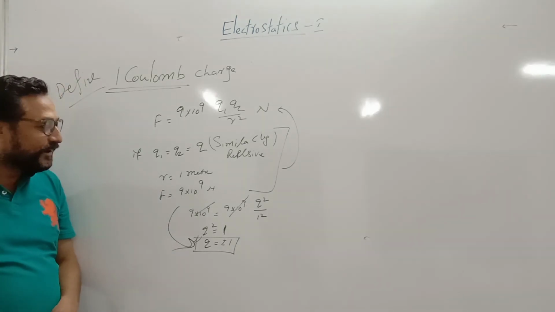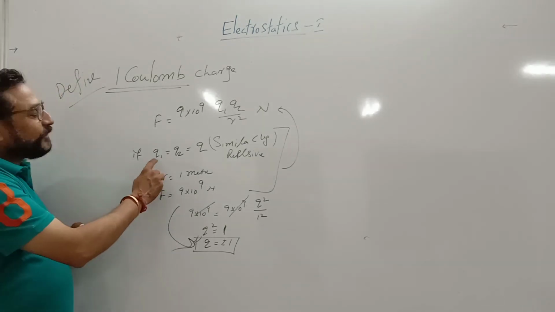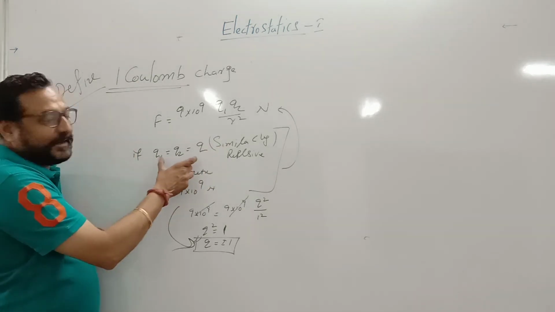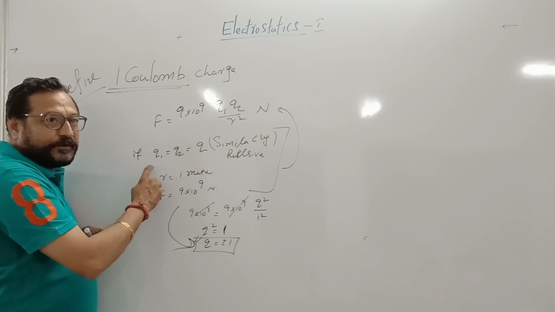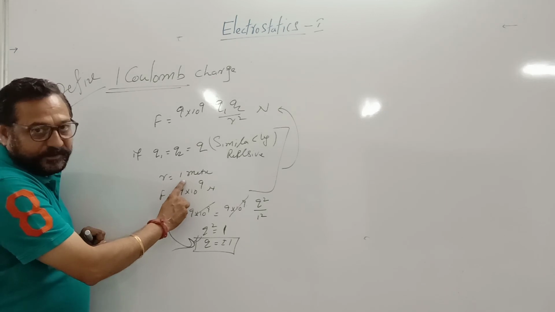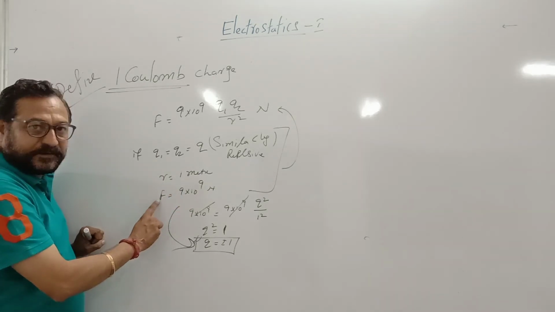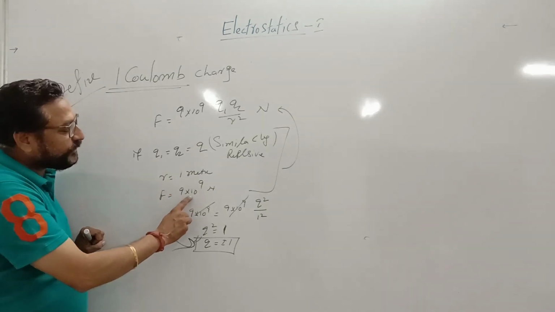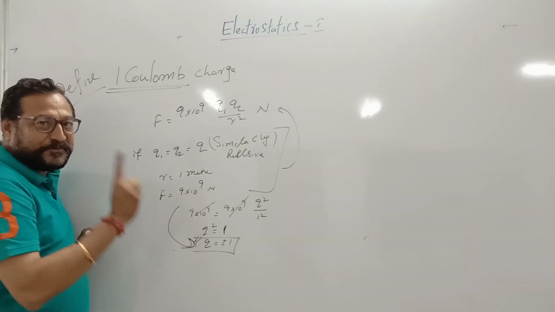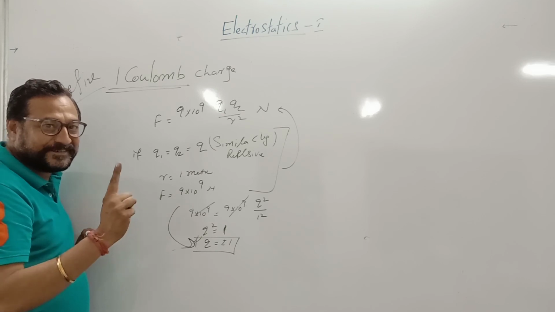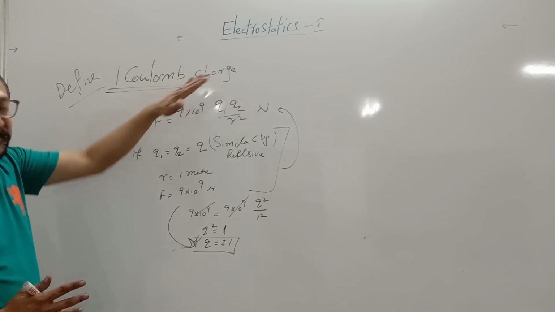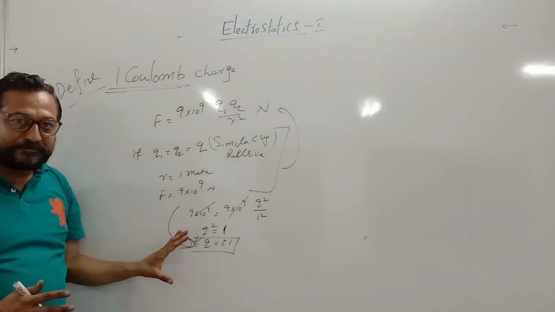I repeat again, because they are similar, when two equal and similar charges are kept at a distance of 1 meter and experience a force of repulsion of 9 into 10 to the power 9 Newton, then each charge is called 1 Coulomb charge. This is the definition of 1 Coulomb charge.